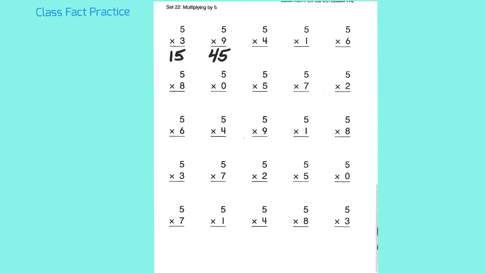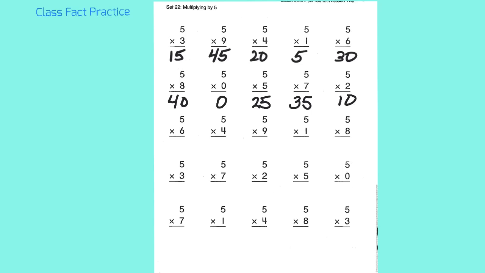Good. 5 times 4 equals, yes, 20. 5 times 1, yes, 5. 5 times 6, get ready, 30. 5 times 8, get ready, 40. 5 times 0, 0. Good. 5 times 5, 25. 5 times 7, 35. 5 times 2, yes, 10.